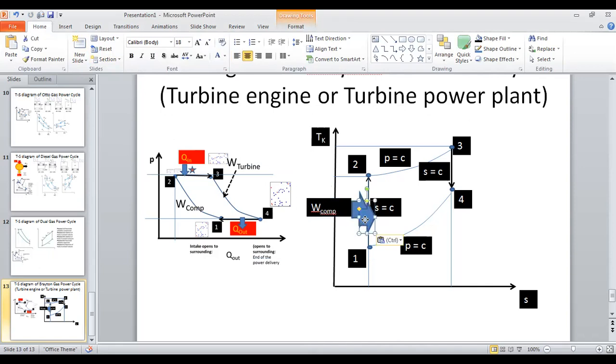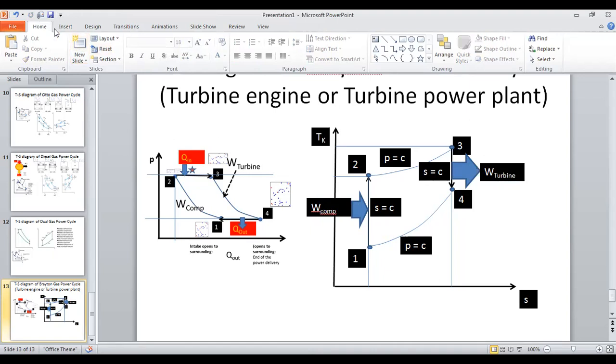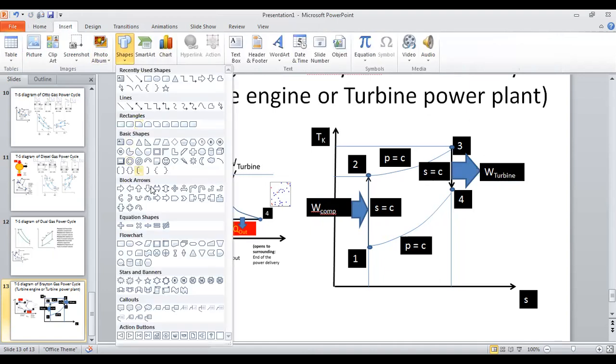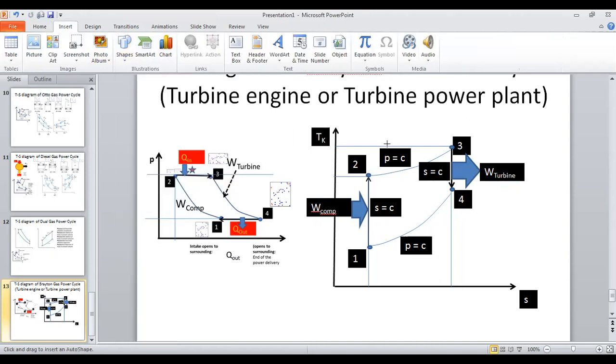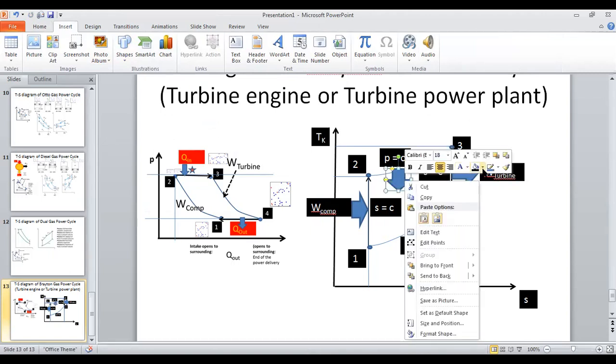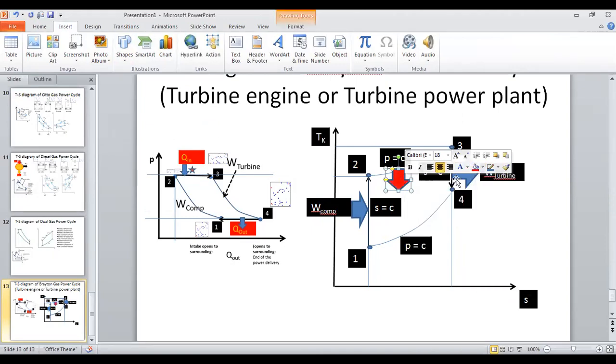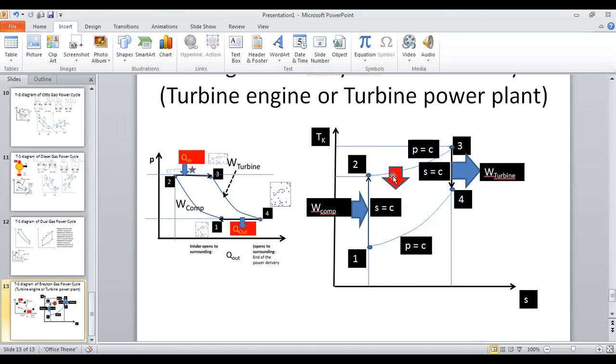Then your turbine work, W turbine. Yes. Receiving energy, Q in.